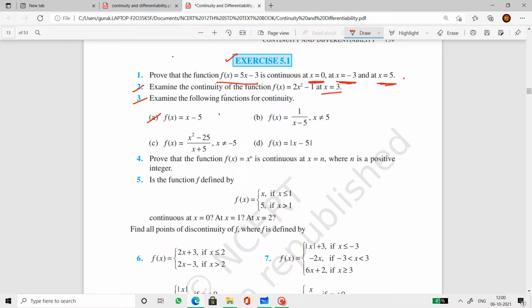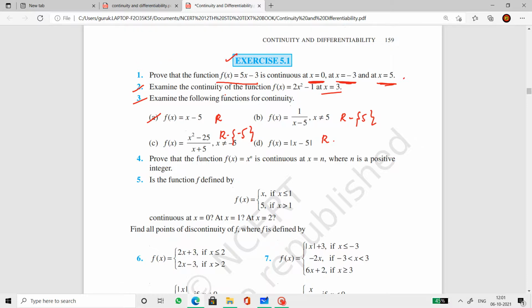But when you see this one, the domain will be all real numbers except 5, right? Whereas here also, all real numbers except minus 5, and here it's all real numbers. Now first we define what the domain of the function is. Then we take an arbitrary value from the domain and prove it's continuous for that.